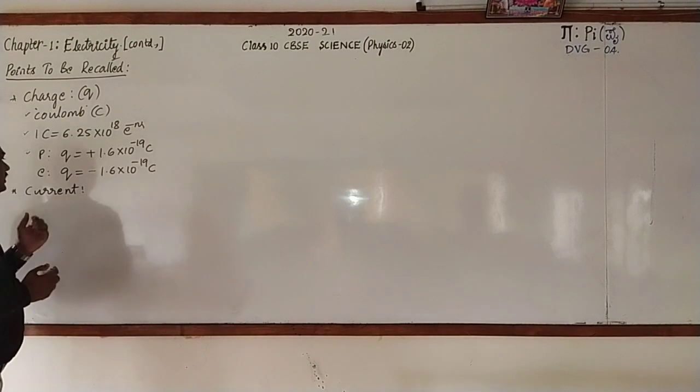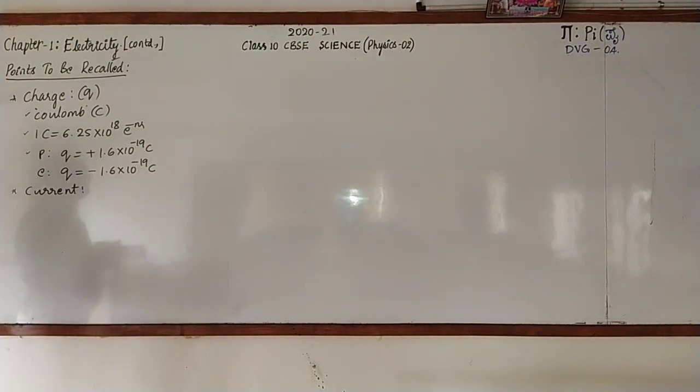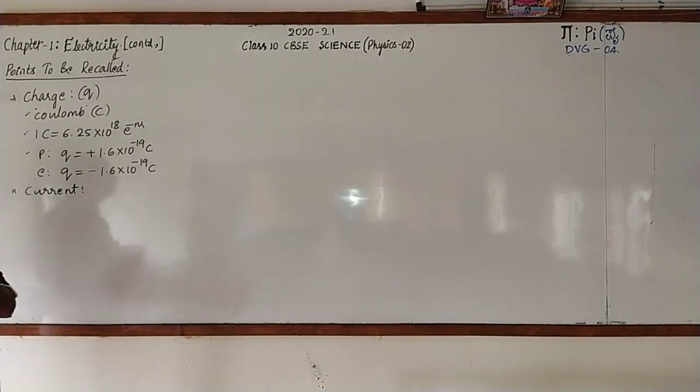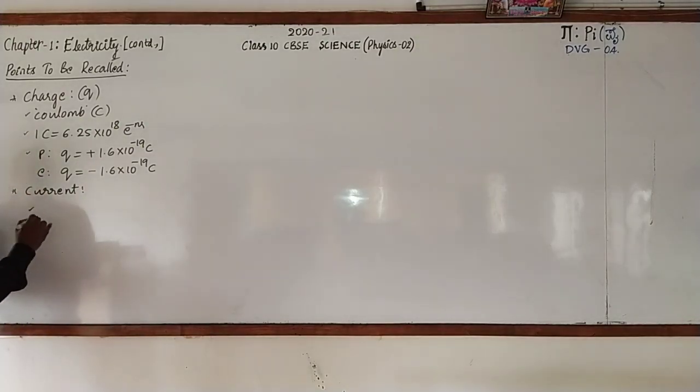This is known as electric current. And we have a formula to find electric current. Electric current is equal to the quantity of charge divided by time taken, and the symbolic form can be written as I is equal to Q by T.